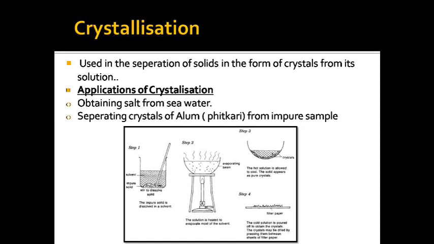Now the last method of separation is crystallization. It is generally used in the separation of solids in the form of crystals from their solution. If we want to obtain the solid from its solution in the form of crystals, crystallization is used.